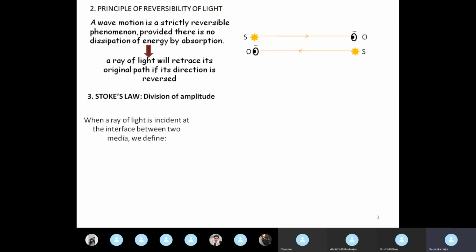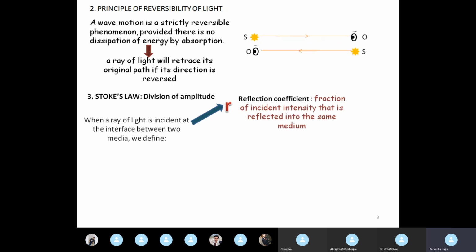So when it is doing so, we define two very important parameters. One is small r. What is small r? It is the reflection coefficient. It gives you the fraction of the incident intensity that is reflected into the same medium. When light hits a medium, will all of it be reflected or will all of it be transmitted? It is decided by this factor r, the reflection coefficient, how much of the incident intensity will be reflected back.